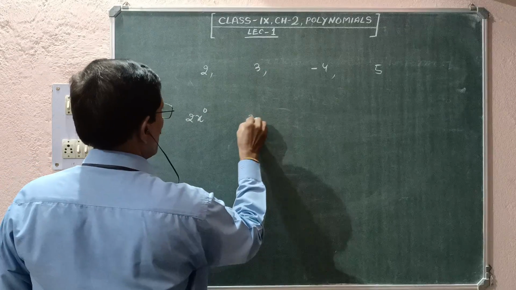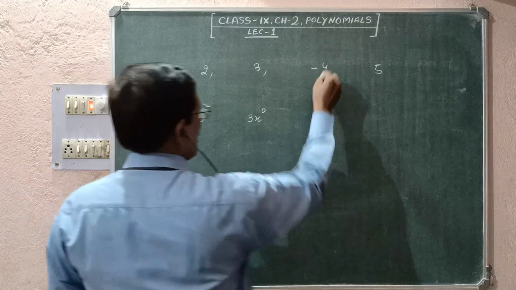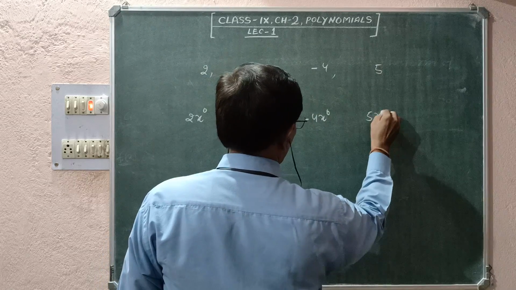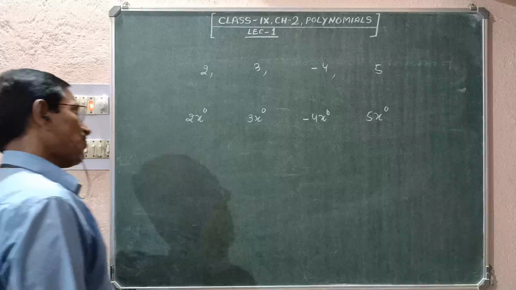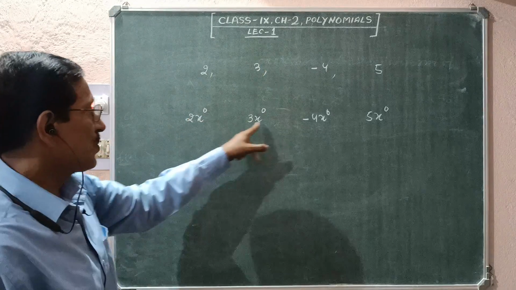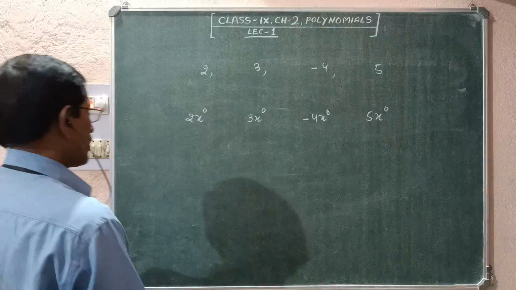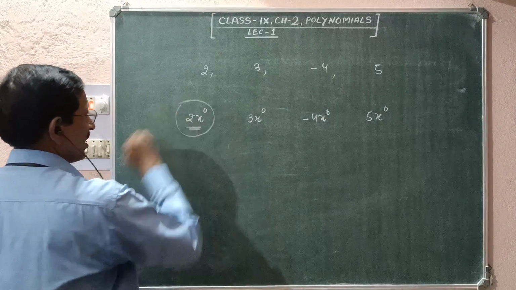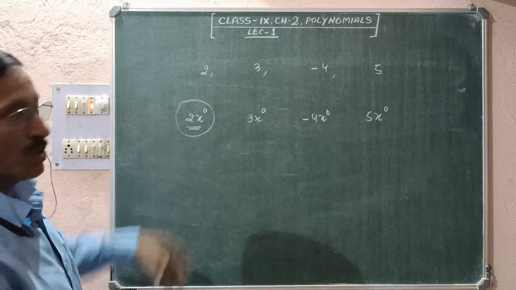It may be written as 3x to the power 0, minus 4x to the power 0, 5x to the power 0. So all these numbers have been written in this polynomial form. So it is only one term, a single term, and it is also a polynomial.